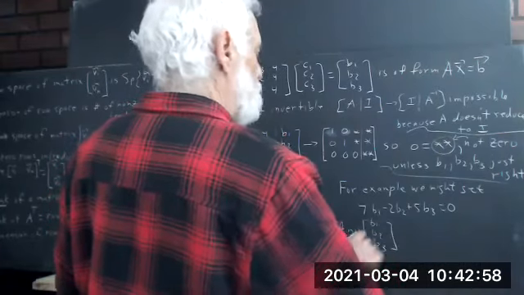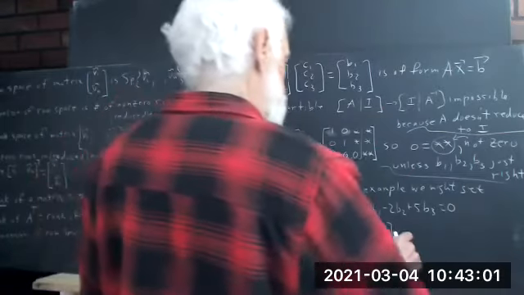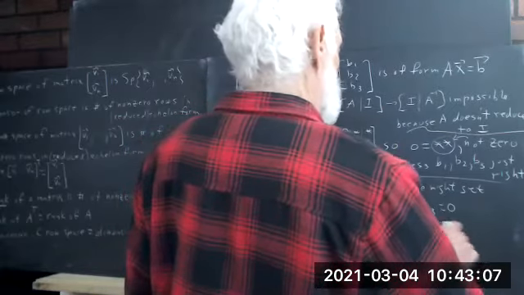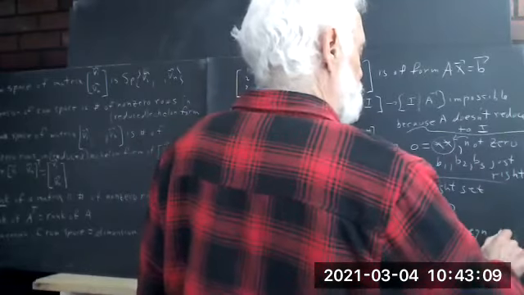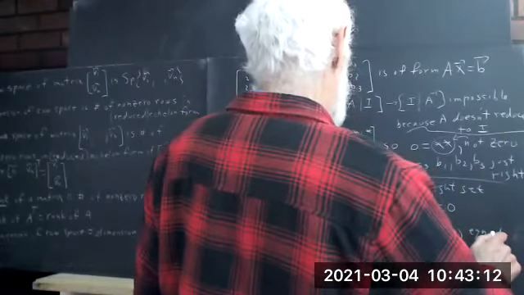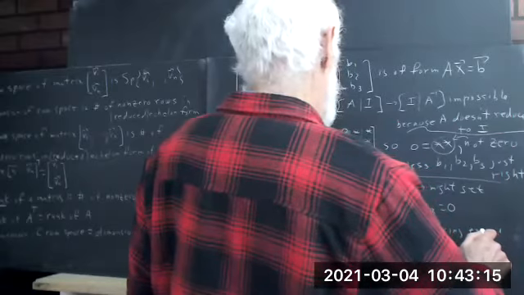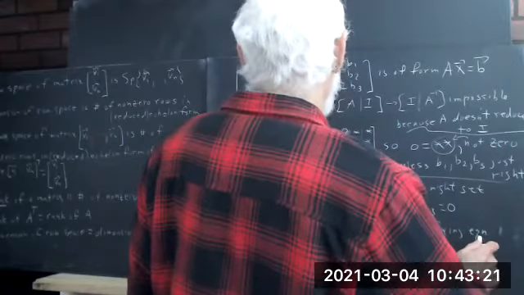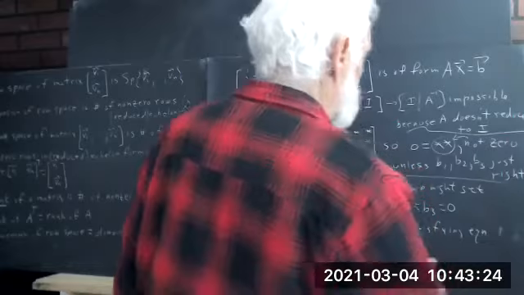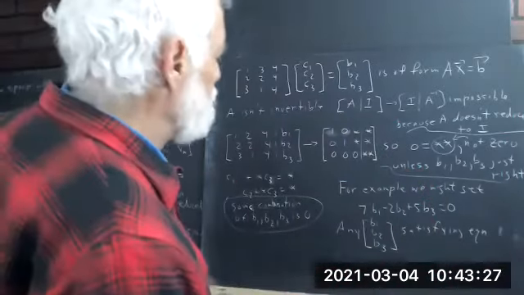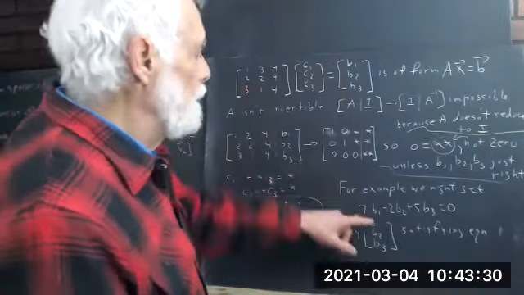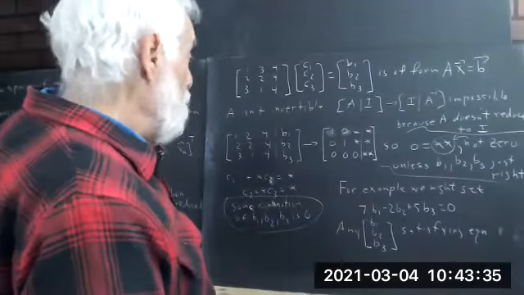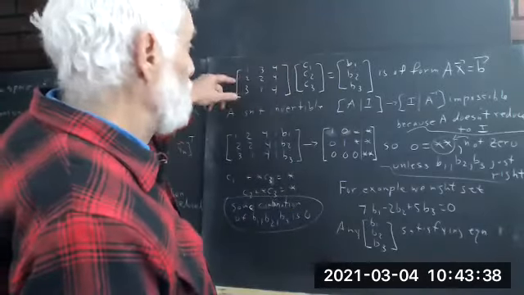I'll say any B1, B2, B3 satisfying this equation. If B1, B2, and B3 happen to satisfy whatever equation we get here, then you can find C1 and C2 and C3 such that this works.